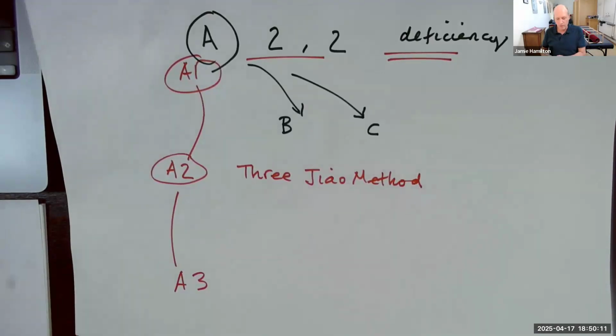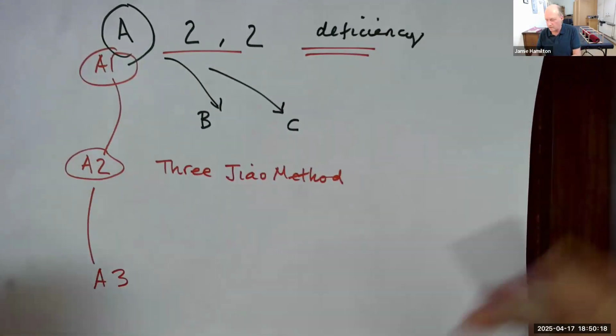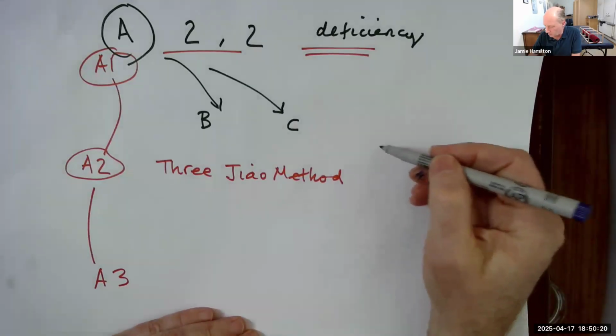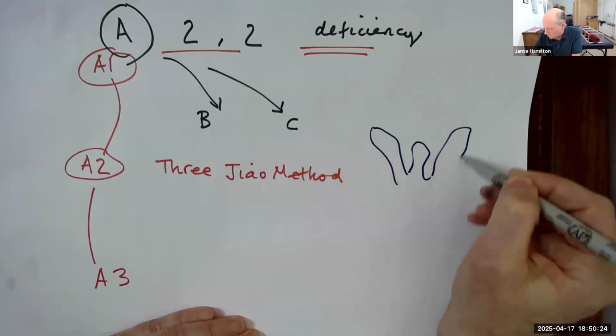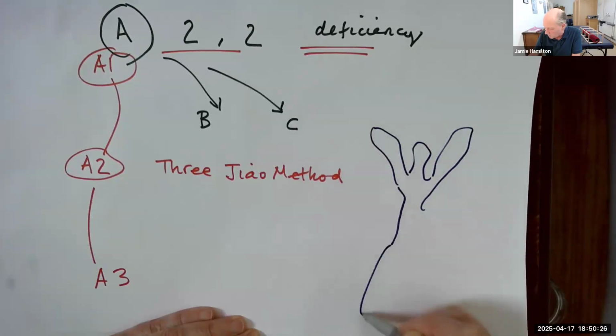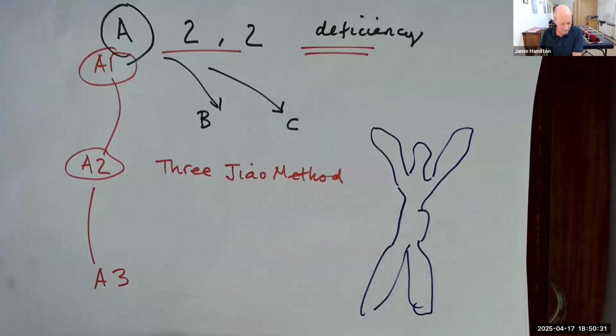Okay, I'm just going to use this paper so that I can show you basically what this is about. The 3 Jiao method is dividing a person into sections. I should get the prize for a bad drawing.